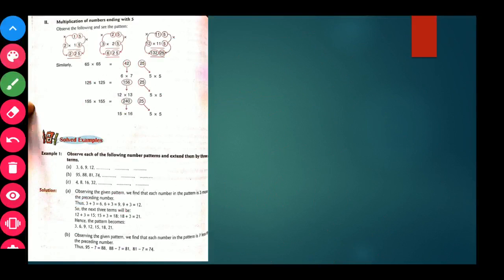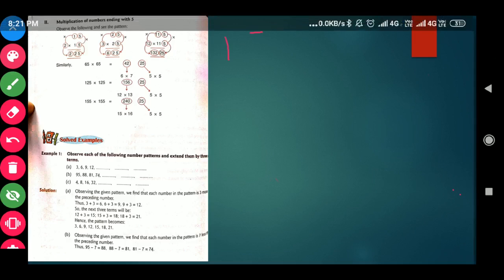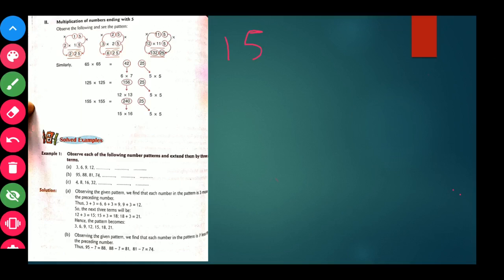Now the next is multiplication of numbers ending with 5. Let us understand with the example. 15 multiplied by 15. First we multiply the ones place of both the numbers, which is 5. So multiply this 5 with this 5, you will get the answer 25, and we write it at the right side.